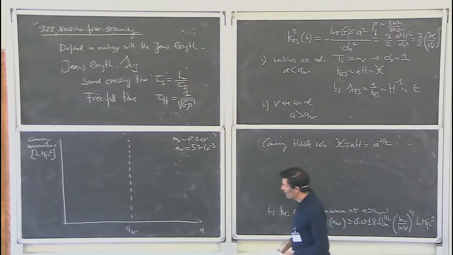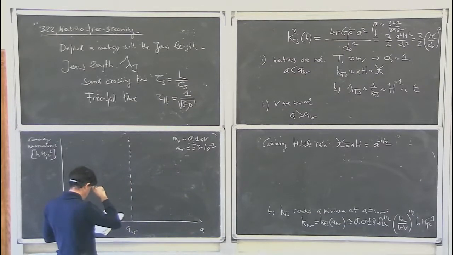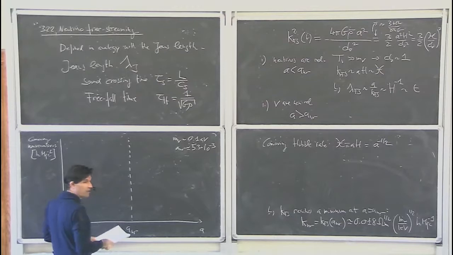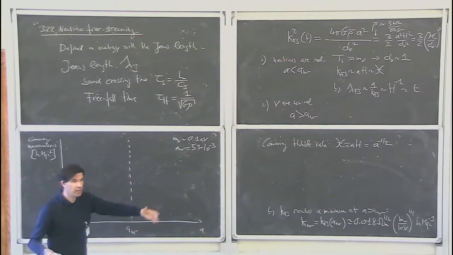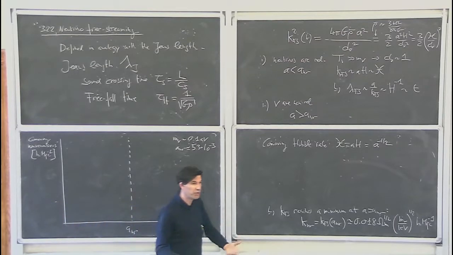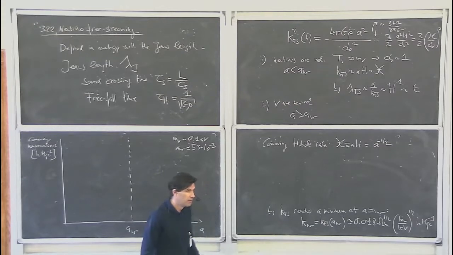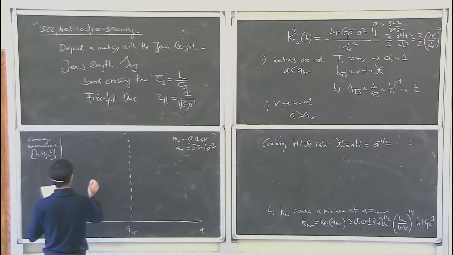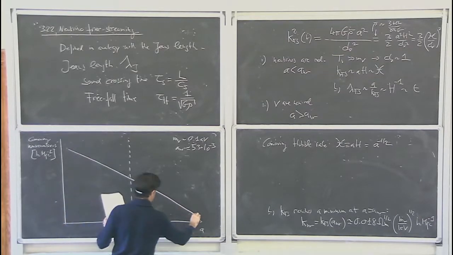So as a increases, the co-moving wave number becomes smaller. Obviously, it's basically the distance over which you can exchange information at a given time, and so it grows with the expansion of the universe. So it's doing something like that, as a square root. It's going to be hard to draw, but let's just do it. Okay, that's what it does.